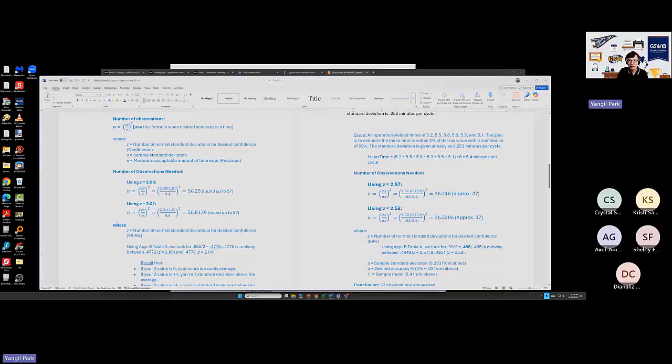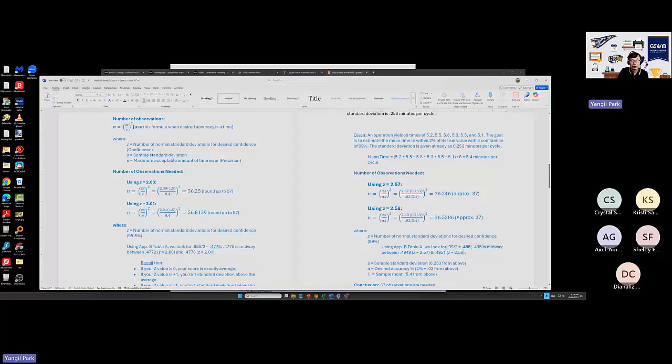But before we get into here, we need to find the mean time, because this mean is not given. So we take that and we find the mean score, which is 5.4 minutes. Then we're going to plug into our formula here to find the number of observations. First with a 2.57 z-score, and the other one is 2.58 z-score, because the value for 99% is 0.495, which is half of the 99%.